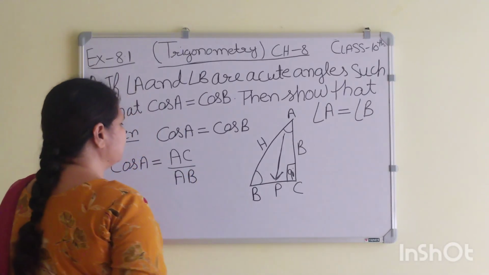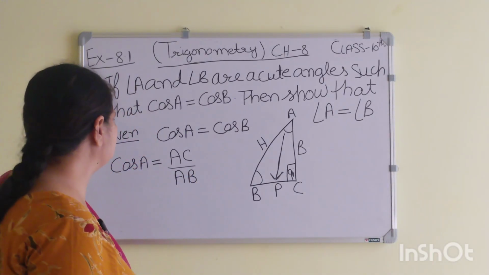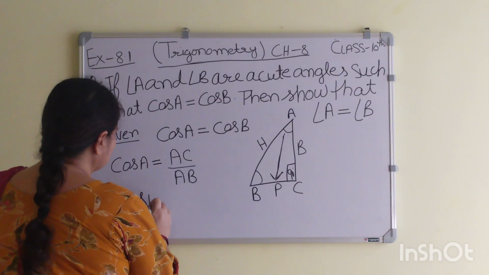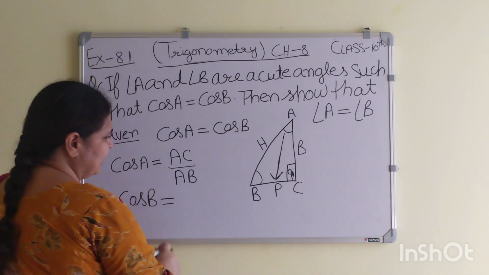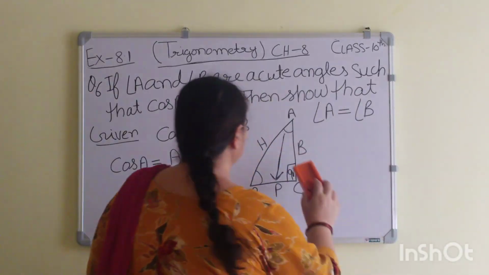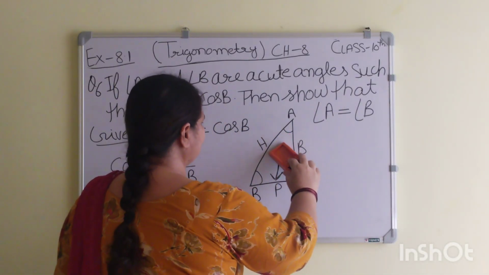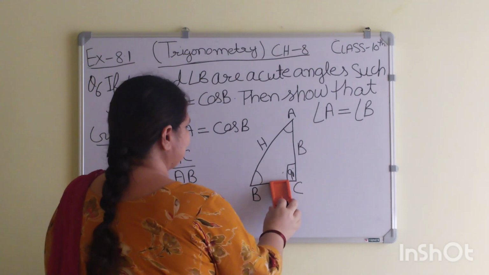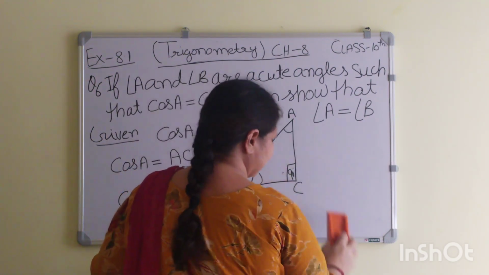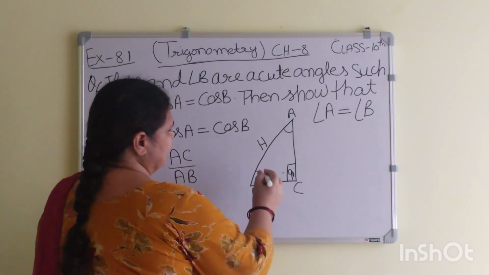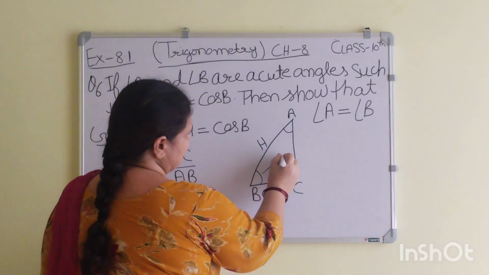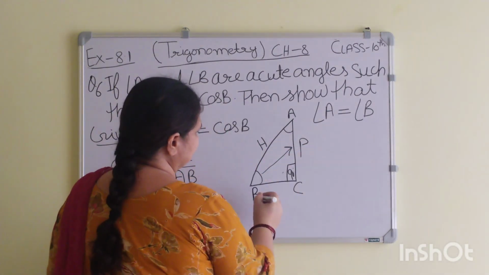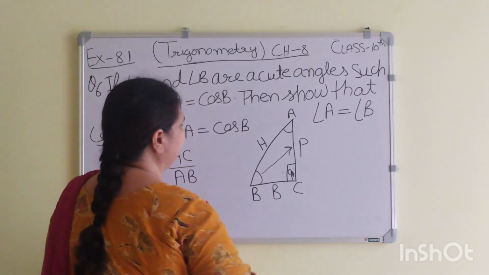AB is the hypotenuse, and according to acute angle B, the opposite side is perpendicular and this is base.